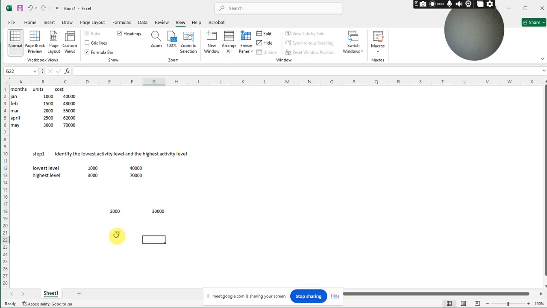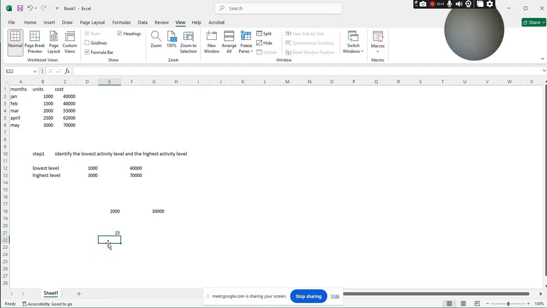So now we say our variable cost is 15 naira per unit. Under our lowest activity level we have 1,000 units, and the total cost is 40,000. So to separate the variable cost from the fixed cost, now we multiply this 15 naira.